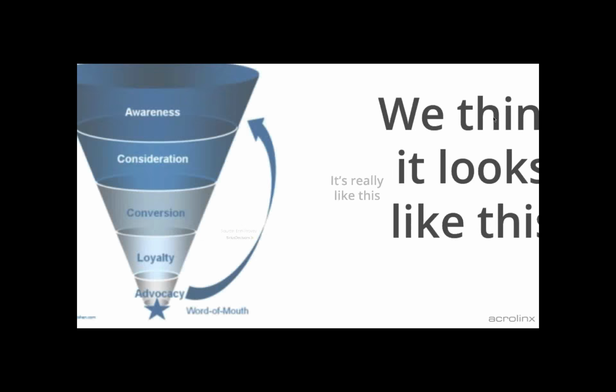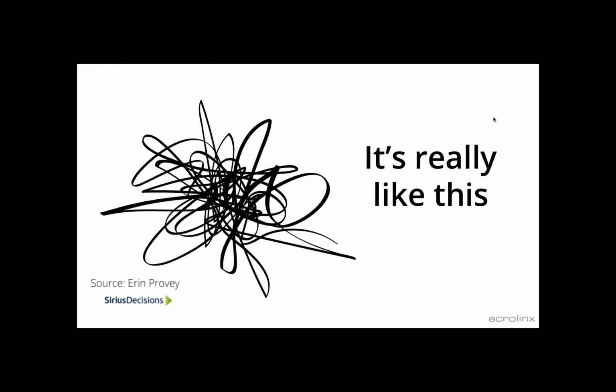And the reality is, it's very different. And Aaron Provey, I think, best articulates this in a diagram that looks a little bit like a twisted hairball, where that buyer journey today, and think about your own individual experiences as you were exploring either a major purchase like a new TV or car, or something that you did a fair amount of research on. You don't follow this nice orderly path. You follow this very twisted kind of turning of things, and each one of those little loops back toward the middle is an inflection point. In many cases, those are pieces of content that either bring you in or shoot you out in another direction.